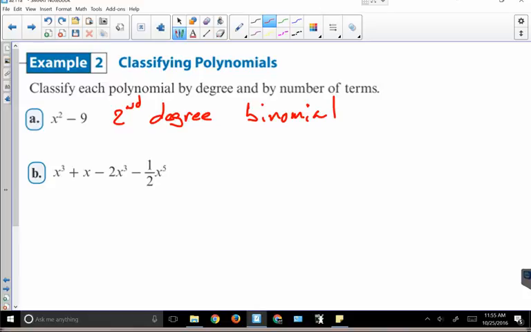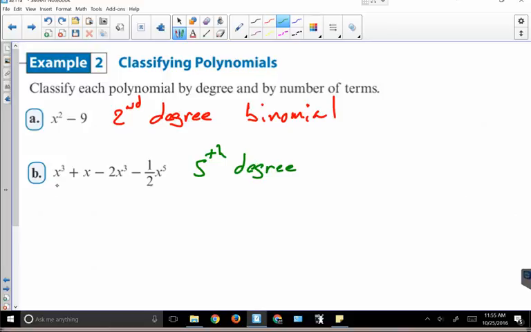So, the next one. If I take a look at this, what is the highest exponent I see? 5. So this means that this is a 5th degree polynomial. Okay? How many terms does it have? Well, if I count it, it's got 1, 2, 3, 4.